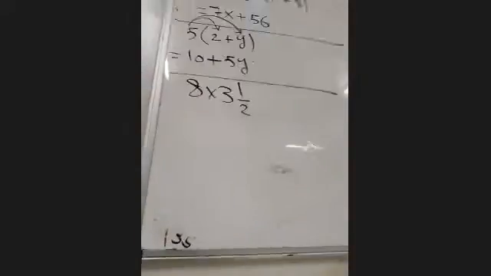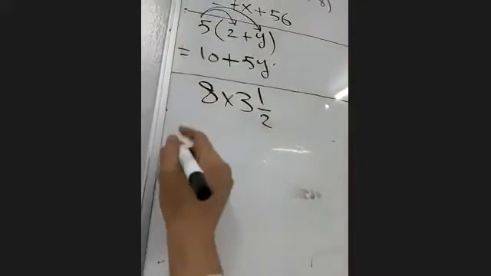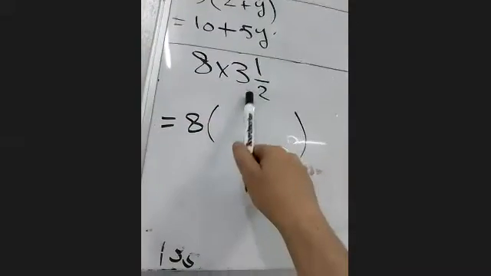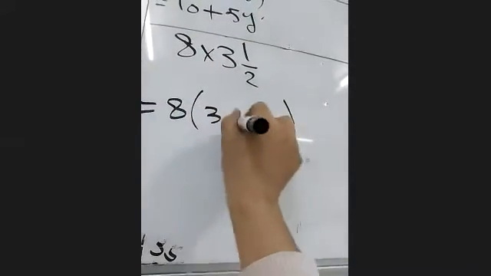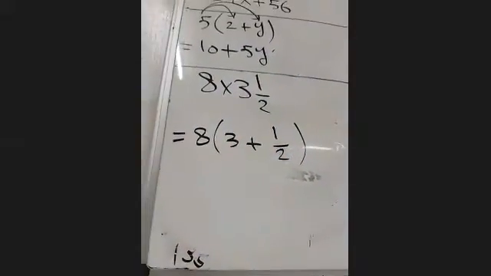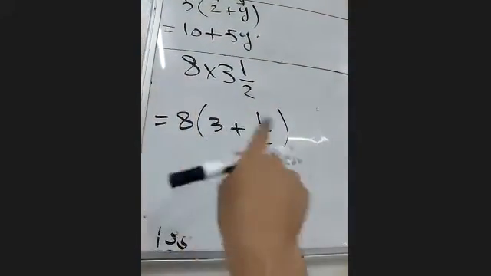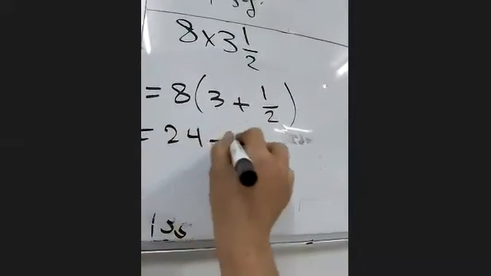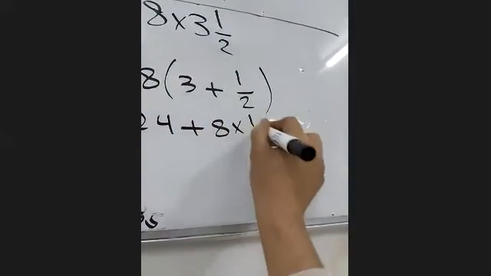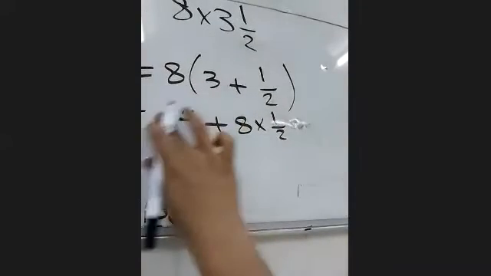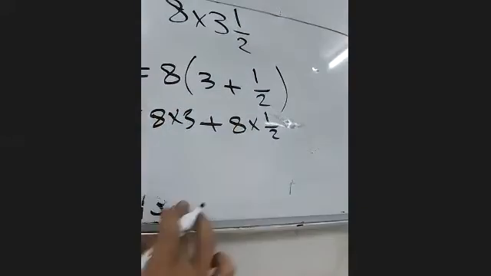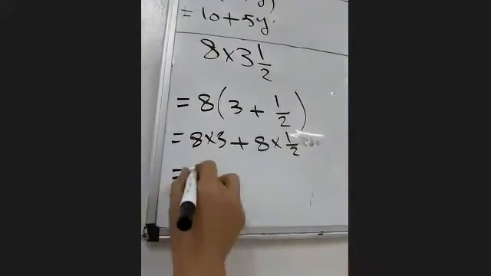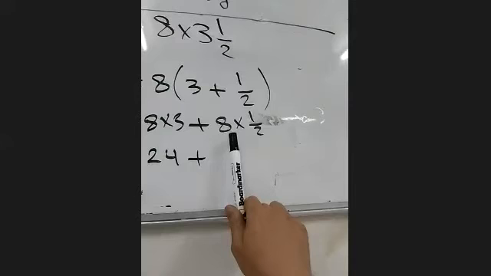So this is equal to 8 and open a bracket. 3.5 is 3 plus half. Then we distribute the 8 on the bracket. 8 multiply 3 is 24, plus 8 multiply half.